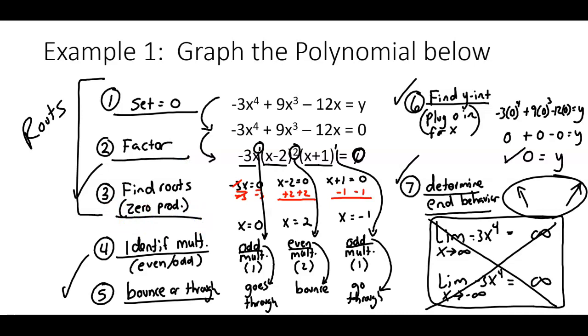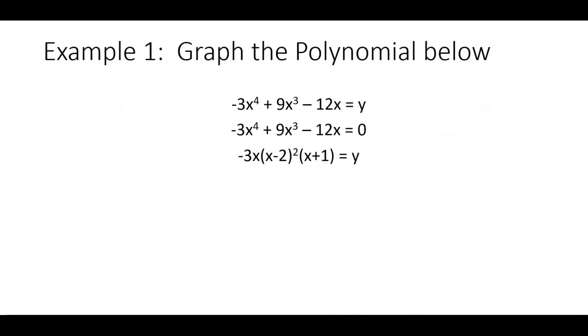Then after that, we determine whether it bounces or goes through, and to do that you need to identify your multiplicity. After that, you find your y-intercept, and then you determine what happens on the left and right side of the graph. Once you know that, you've got enough information to graph it. So I'm going to clear my board here so I can actually graph it now.